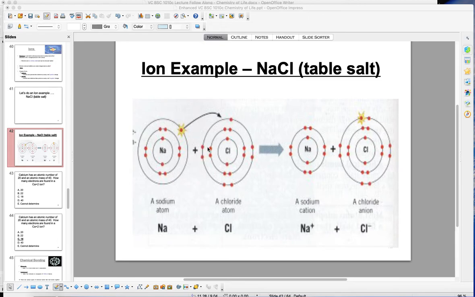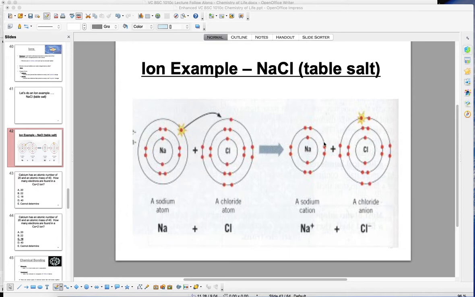So chlorine, super electronegative, basically outright steals that electron from sodium, and it now becomes Cl minus 1. It's minus 1 now because it has an extra electron that it didn't have before, so it's more negatively charged compared to the protons in the nucleus. It's all happy now because it has 1 extra electron in its valence shell. And sodium was like, oh, I don't care, take it, because now it exposes its lower shell and it's happy.